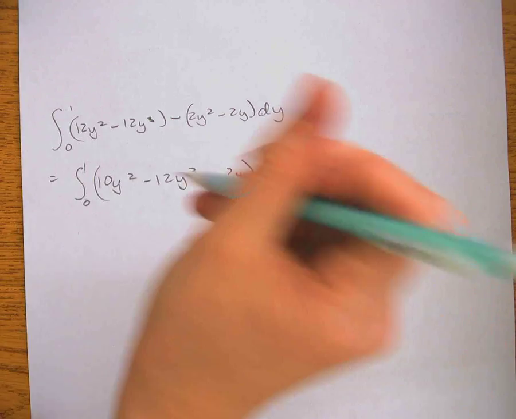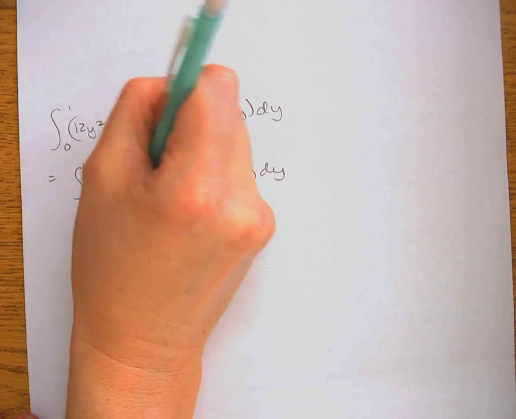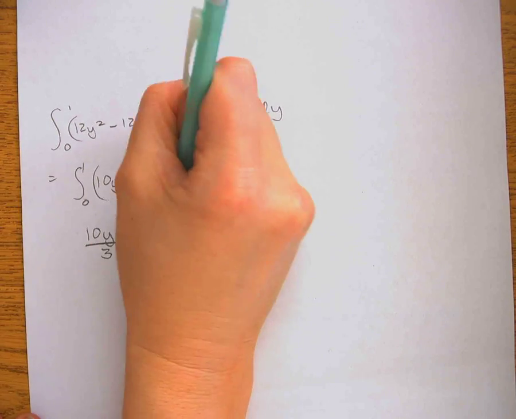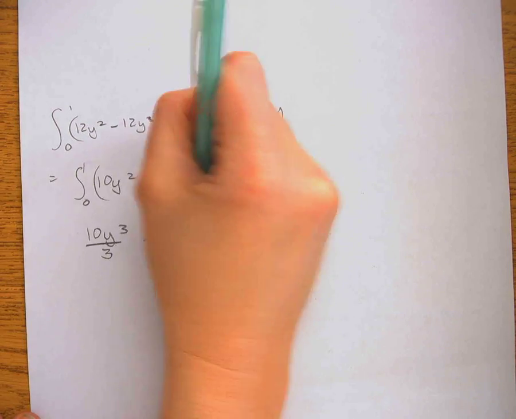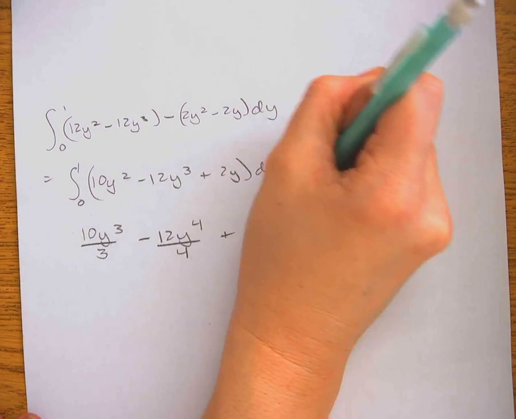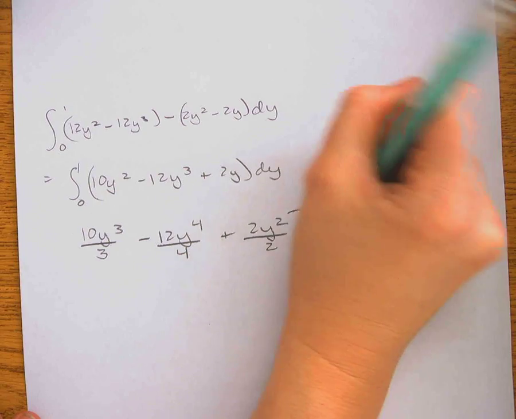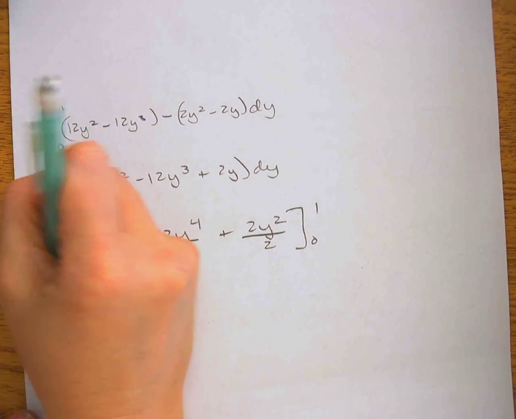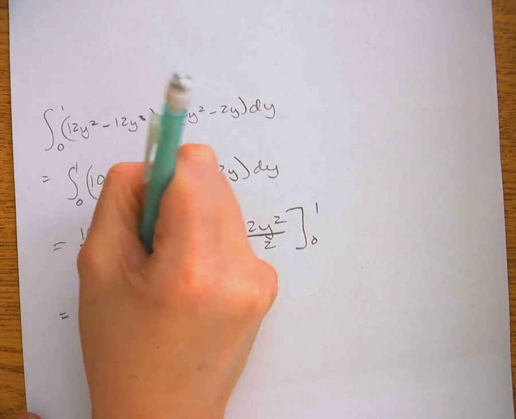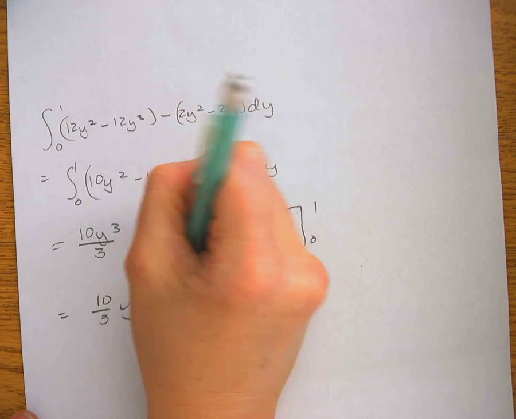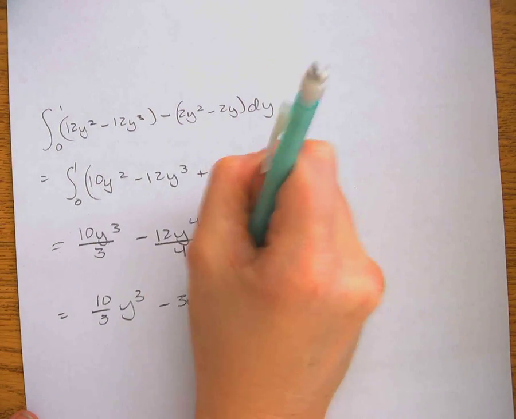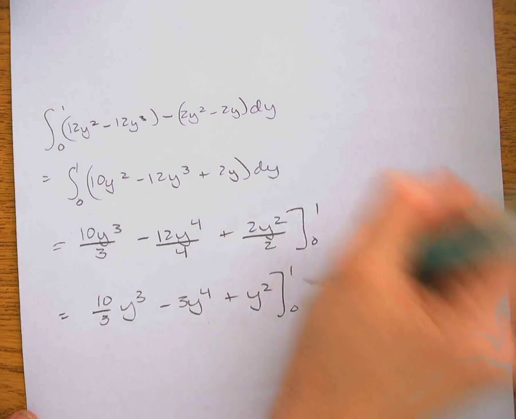So the antiderivative would be 10y cubed over 3 minus 12y to the 4th over 4 plus 2y squared over 2, integrated from 0 to 1. And with a little simplifying, we have 10/3 y cubed minus 3y to the 4th plus y squared, evaluated from 0 to 1.